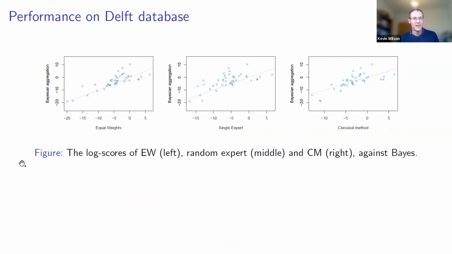On the left-hand side, in each of these plots, I've got Bayesian aggregation on the y-axis. And then on the x-axis, I've got equal weights on the left-hand side, a randomly selected single expert from each study in the middle plot, and the optimized decision maker from the classical method, global weights.